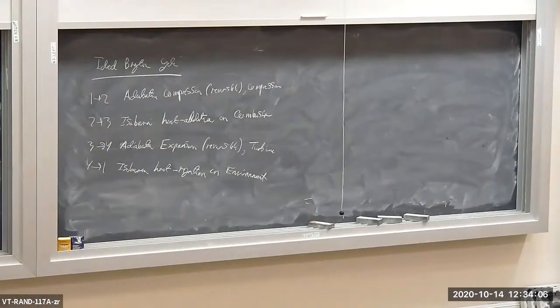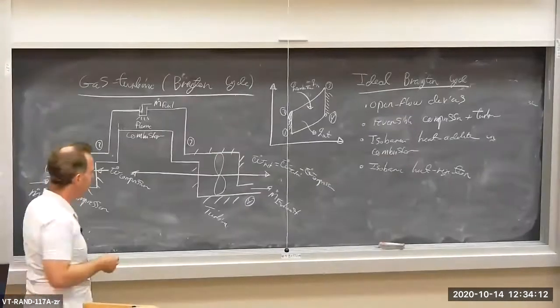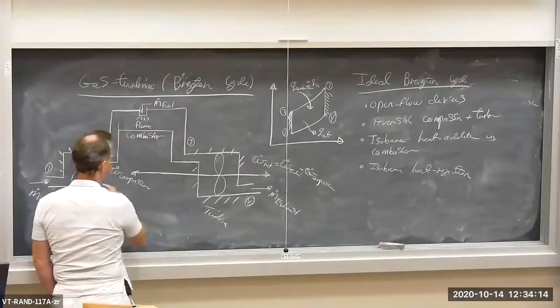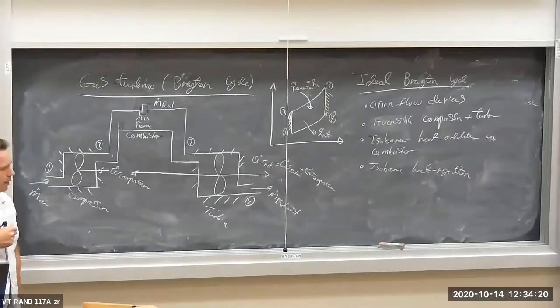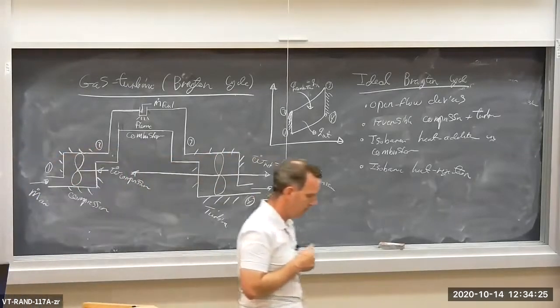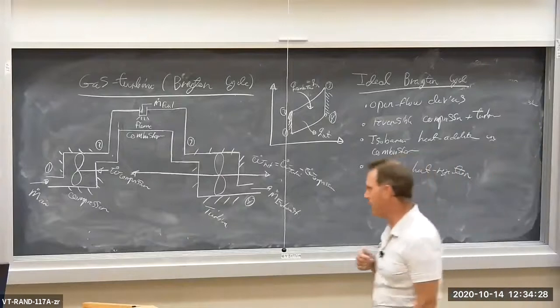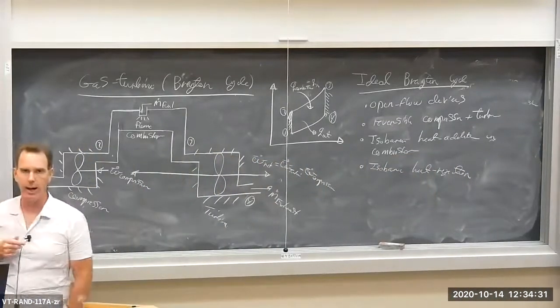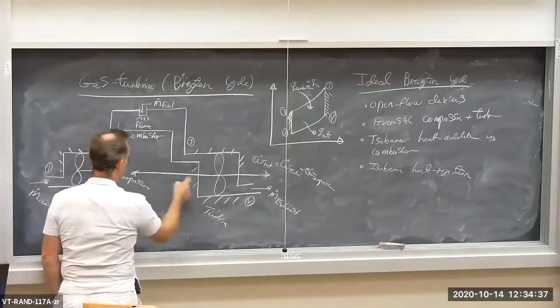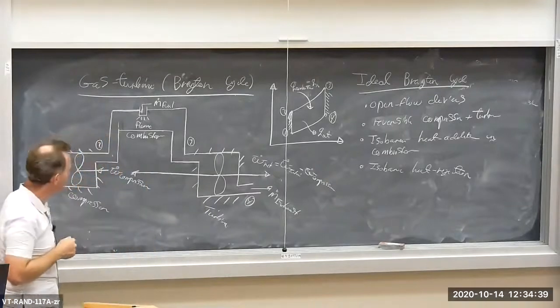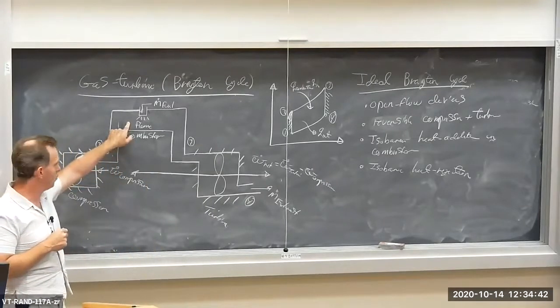Now, this idea of having reversible compressors and turbines. The idea is not only are these adiabatic, but they're reversible and therefore isentropic. Not really very realistic. Let's try to inject a little bit of realism into our Brayton cycle. So there's the non-ideal Brayton cycle, which allows for inefficiencies, irreversibilities in the turbine and compressor, and maybe if you want to get really adventuresome, a pressure drop in the combustor.